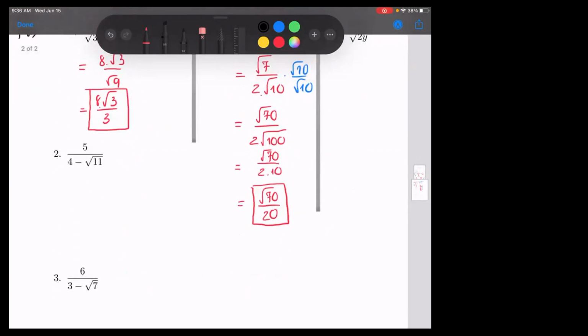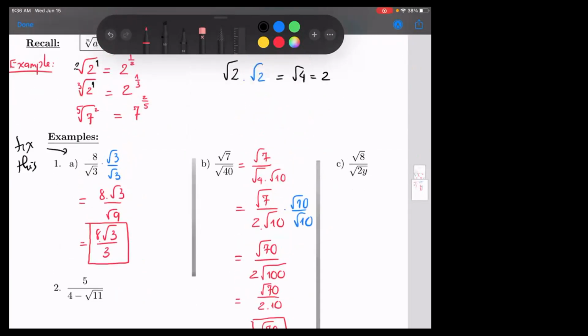Okay. The square root of 2y is simplified all the way? Yes. So all you have to do is multiply the top, multiply that.